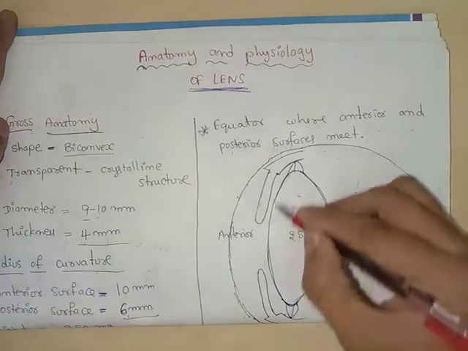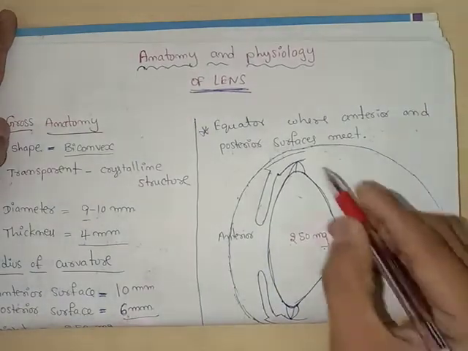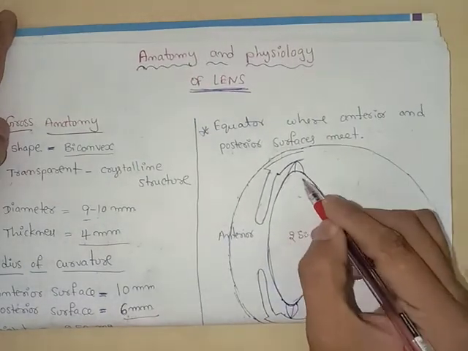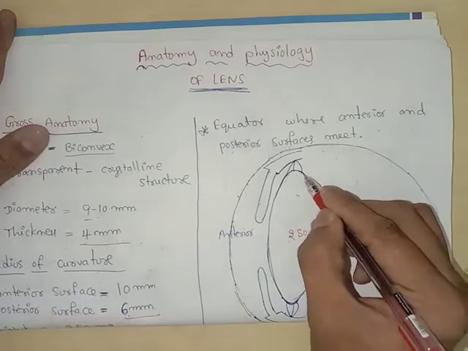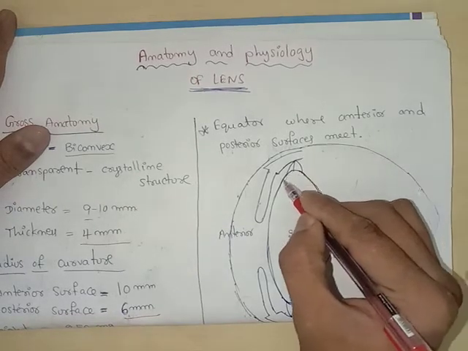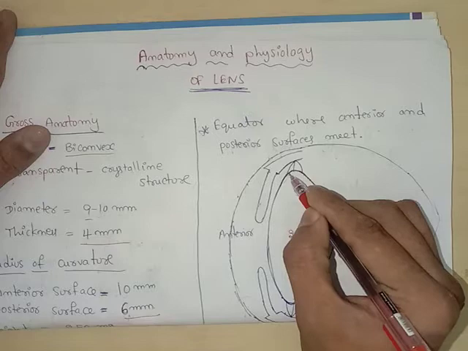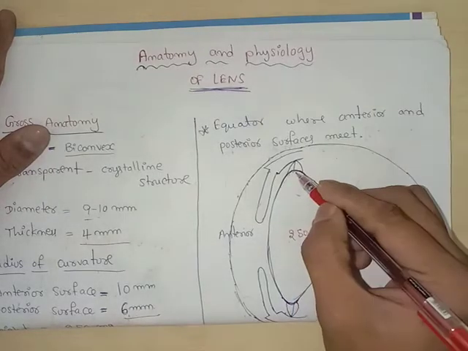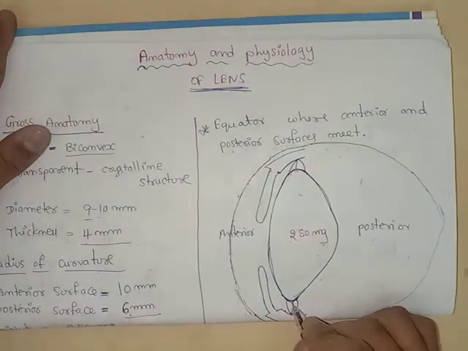The anterior and posterior surfaces meet above. This is called the equator. This is the upper and lower equator.